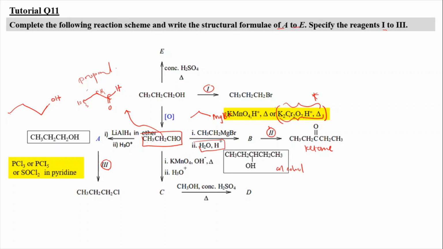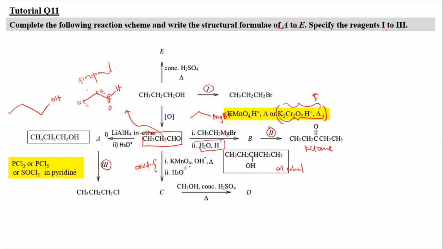Okay, and now we're gonna look into the C and D here. So we have the aldehyde, and then we have the KMnO4, OH minus, high temperature, and then H3O plus. Okay, so basically here it refers to oxidation. As mentioned, KMnO4 needs to have the acidic condition.